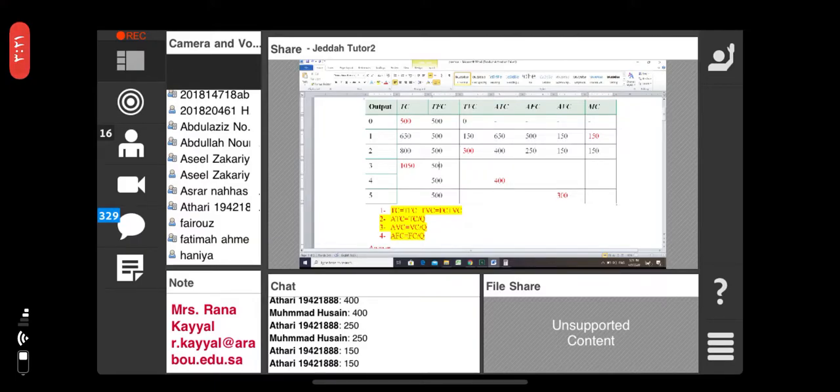Okay. When quantity equals 3, I have the total cost and fixed cost. So can I find the total variable cost?